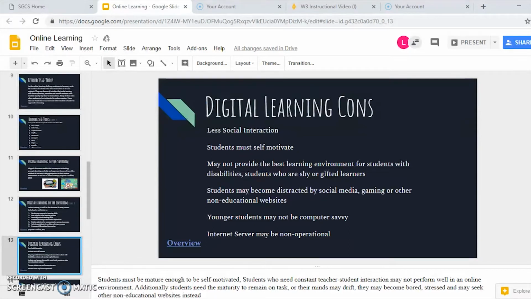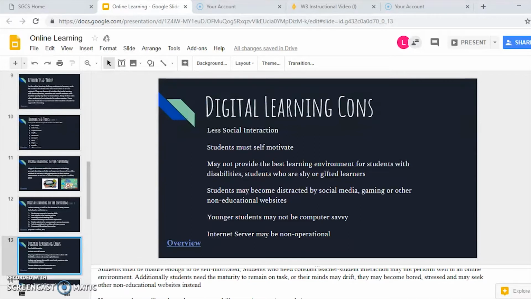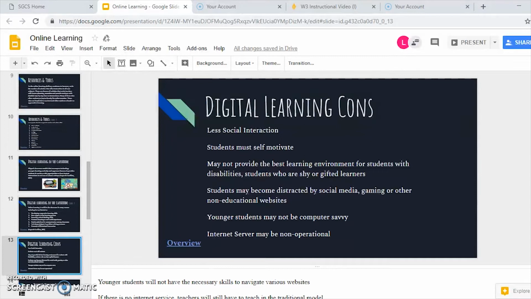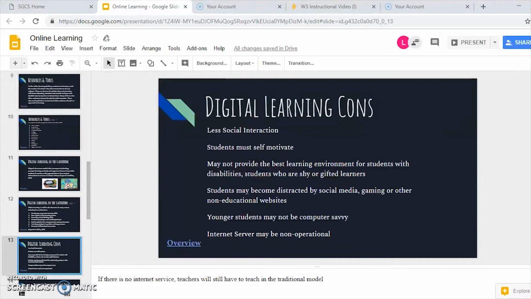Additionally, students need the maturity to remain on task, or their minds may drift. They may become bored, stressed, and may seek other non-educational websites instead. As mentioned earlier, younger students will not have the necessary skills to navigate various websites, and if there's no internet service, teachers will still have to teach in the traditional model.